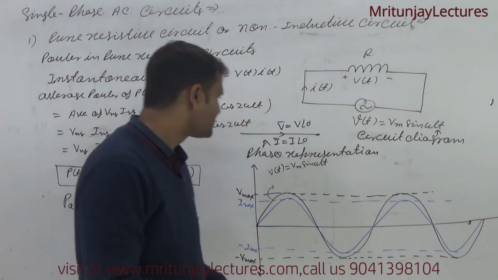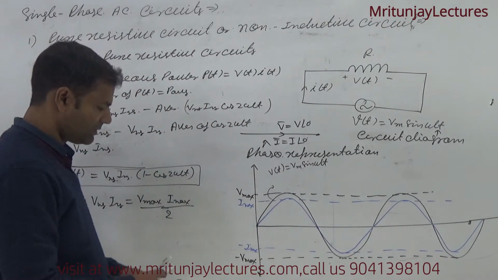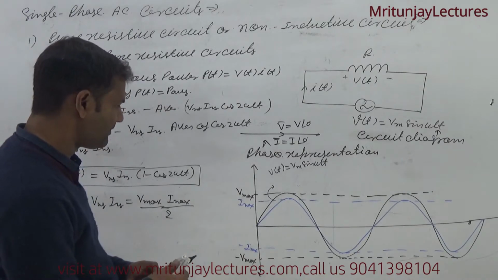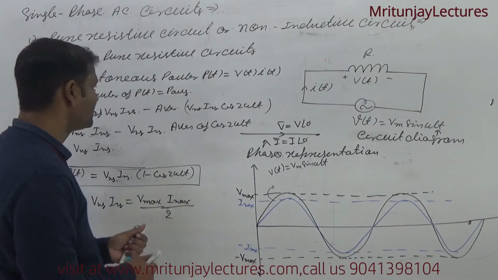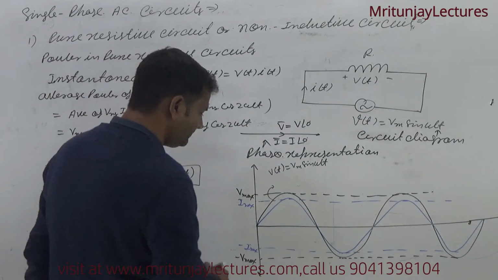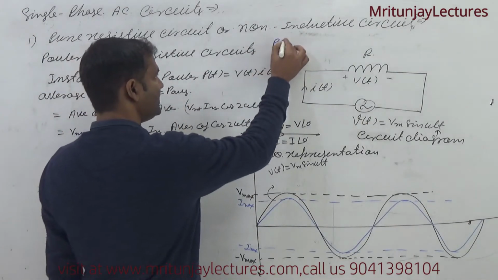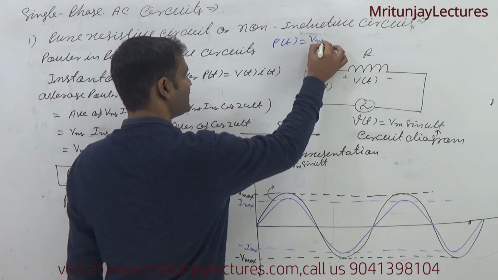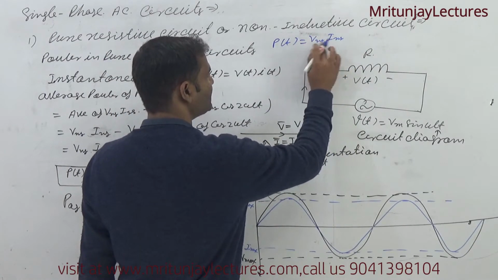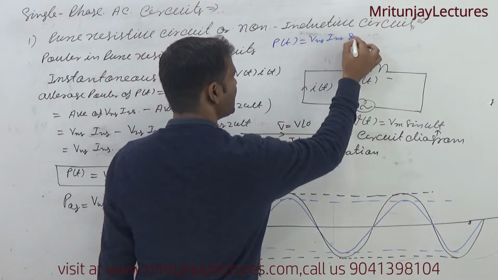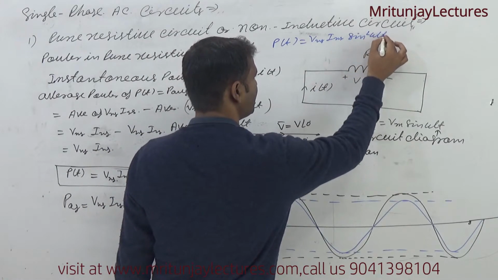Okay, now the next target is the phasor and the wave diagram. If you want to make the wave diagram corresponding to power, then Pt is Vmax into Imax sin square omega t.